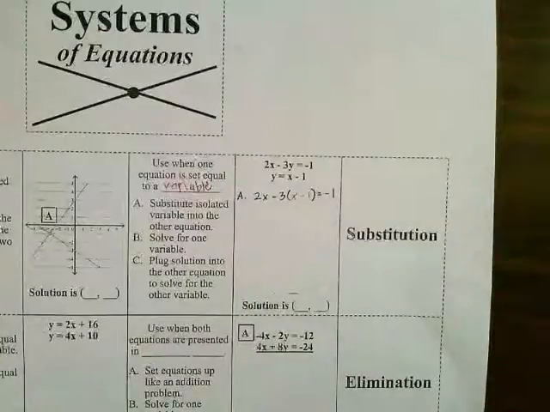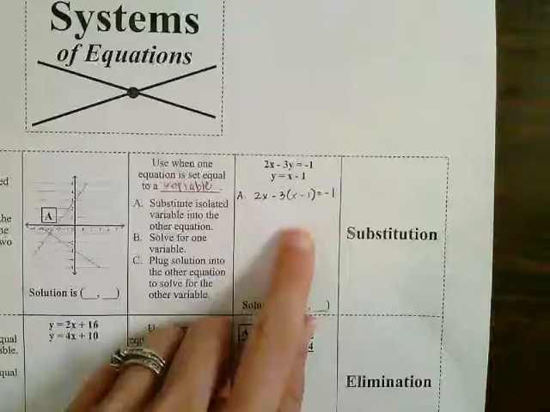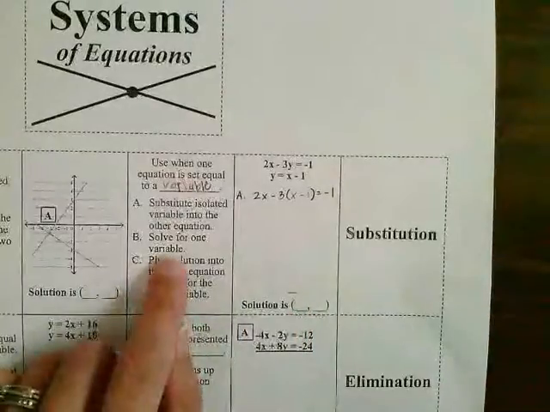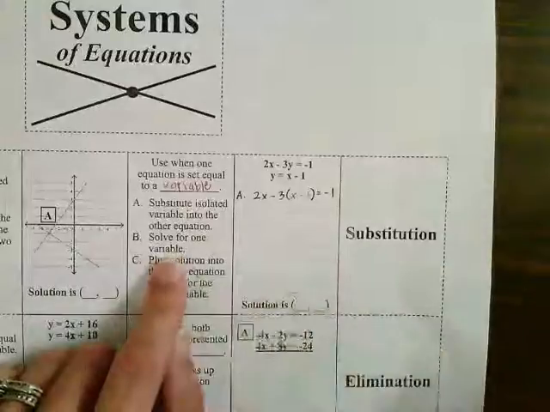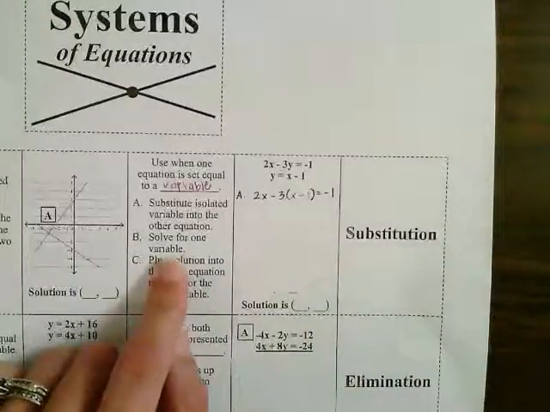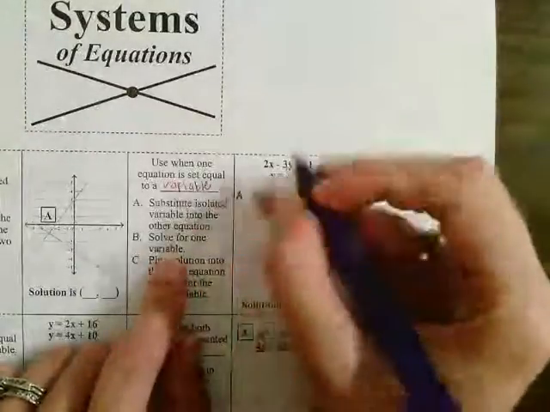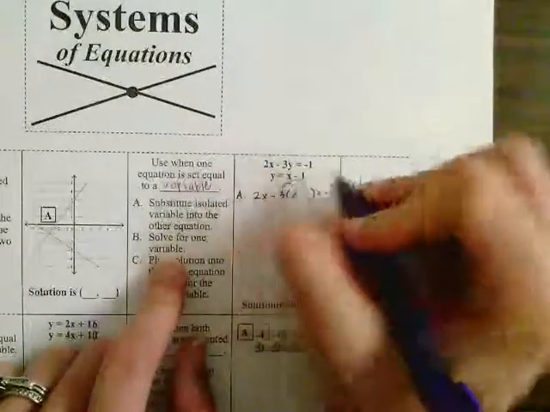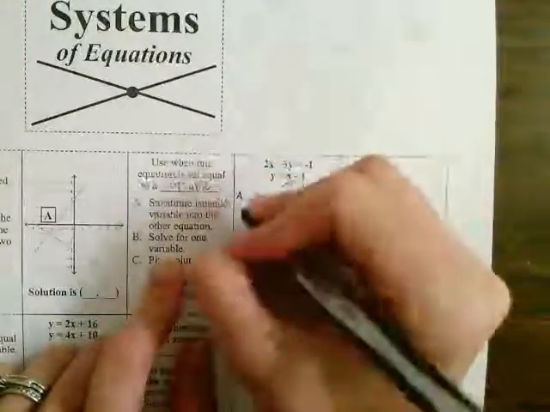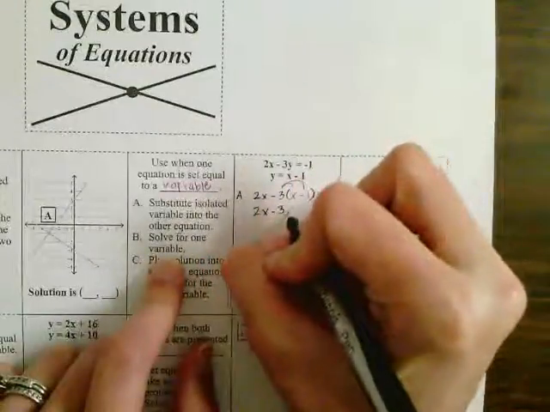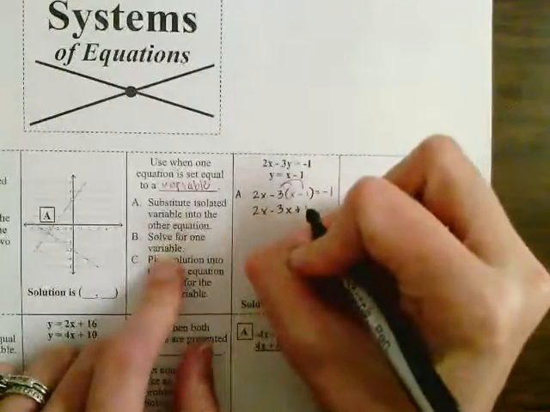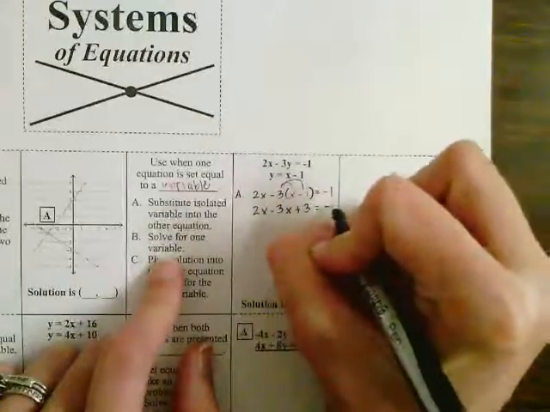Okay, now you are going to use the distributive property. In order to do that, you're solving for one variable. So this is us solving. So you're going to distribute that right there. So you're going to have 2x minus 3x plus 3 equals negative 1.